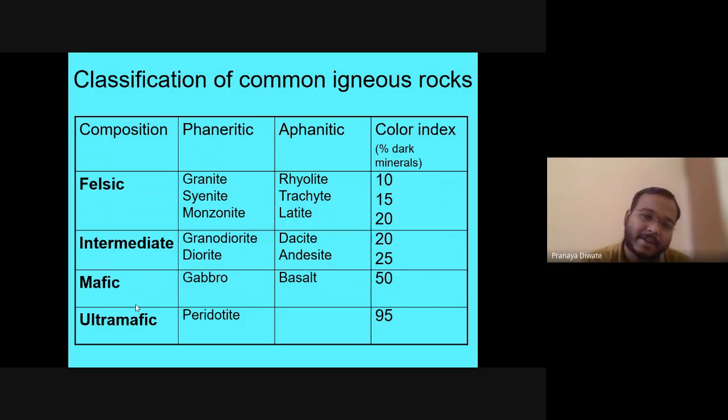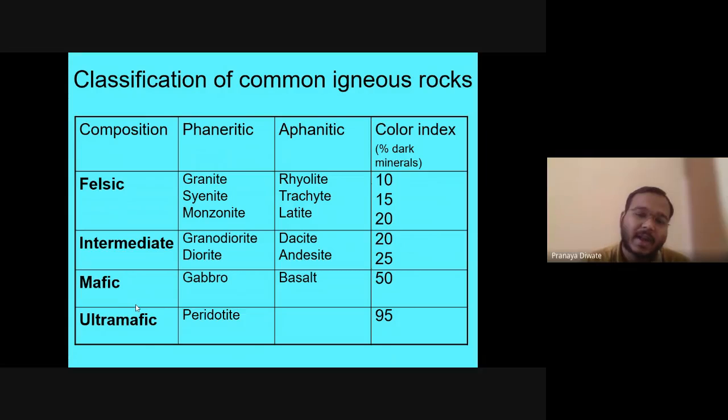The granite and rhyolite, these two are equivalent, meaning the mineralogical composition is the same, and the chemical composition is the same. But why is this one a different one?